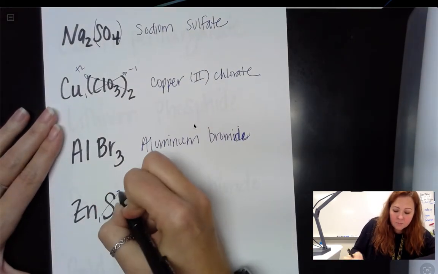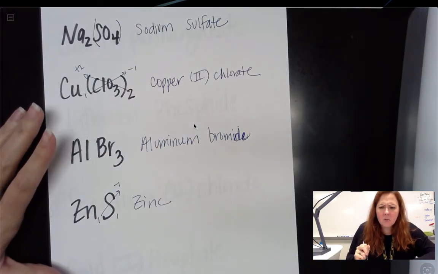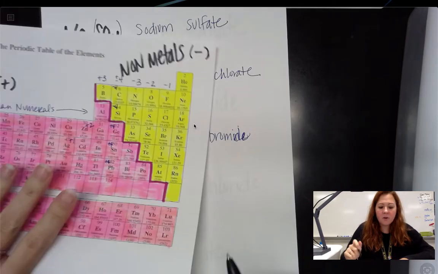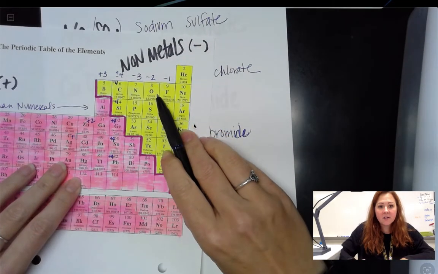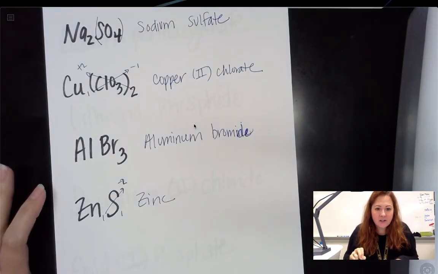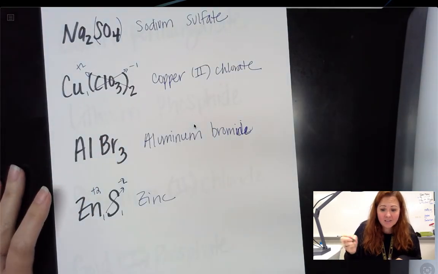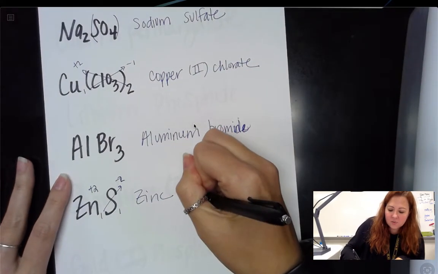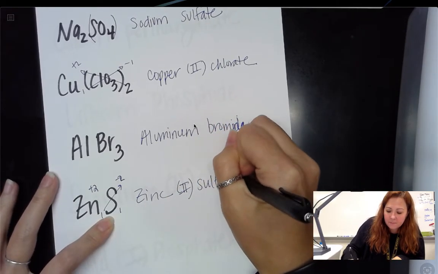I bring that number 1 back over here to be -1. That's not right. Sulfur on the periodic table has a -2 charge. So because sulfur has a -2 charge, this one must have been simplified down. Sulfur's -2, which means zinc, hey, look at that, is +2. It's always +2. And then sulfur is going to become sulfide.